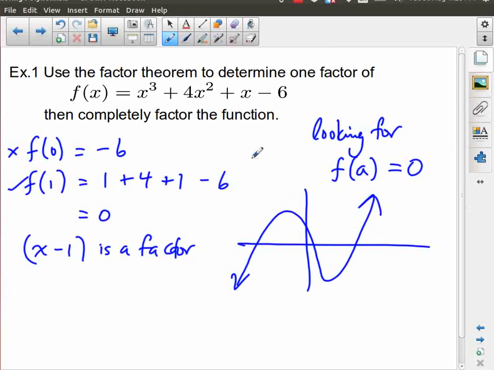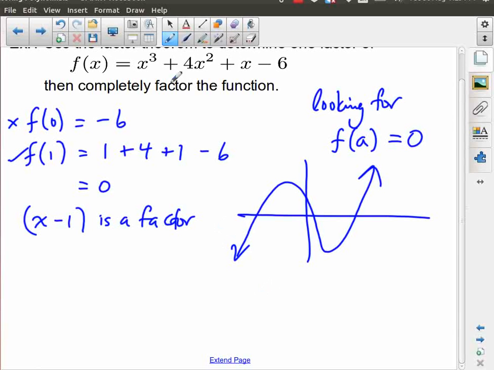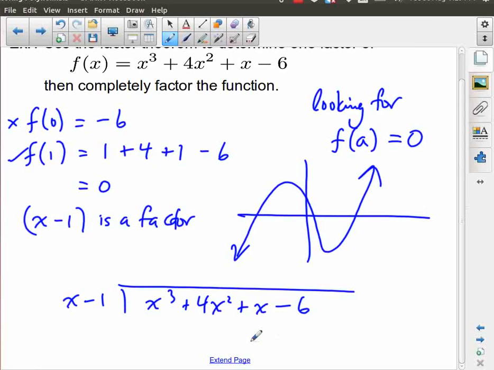Okay, I'm sorry, I didn't finish this though, because we want to completely factor the function, which means we're going to make use of the skills we learned in our last lesson. So I'm going to do long division here. So x minus 1 divided into x cubed plus 4x squared plus x minus 6.